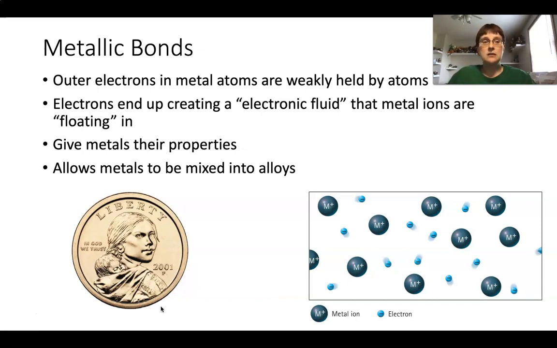It still has the properties of gold, but it has that different color to it. I don't have much else to say on metallic bonds, but that's how these work. That's because they've got these free electrons, which allow us to easily mix those different metals together and change those properties.